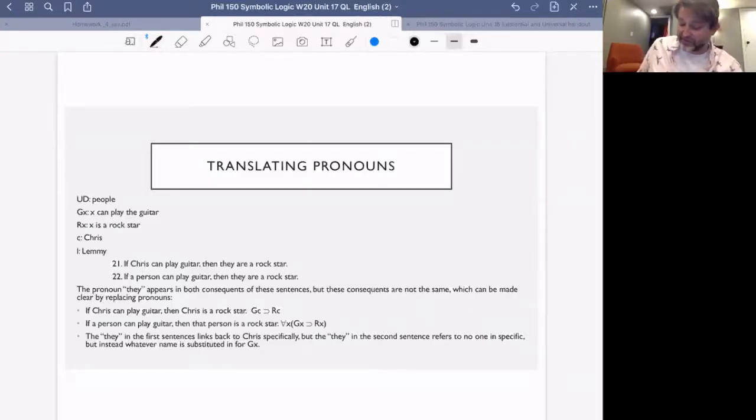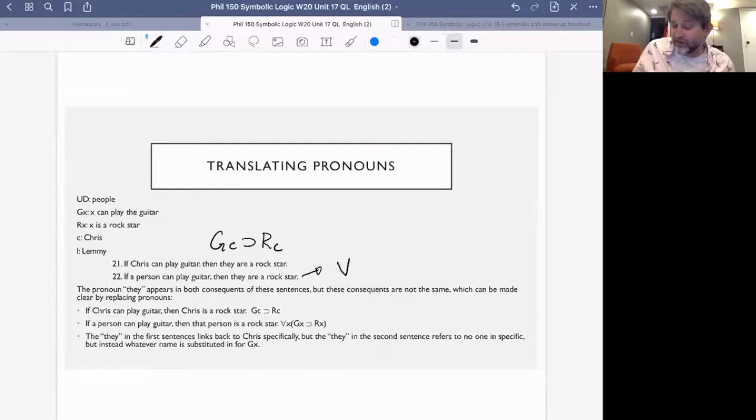So what does the first sentence look like? If Chris can play the guitar, then they are a rock star. So what that looks like is, if Chris can play the guitar, then Chris is a rock star, okay? The second sentence, however, clearly, because of the first part, the antecedent of the sentence, is making a statement in general about our world. So what this will be translated as will be using the quantifier.